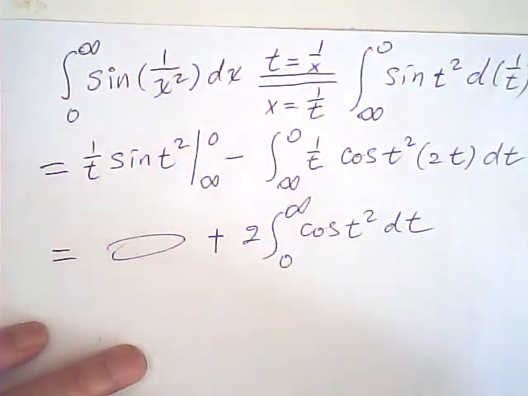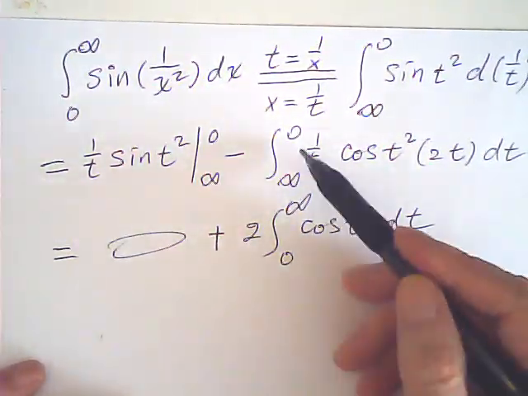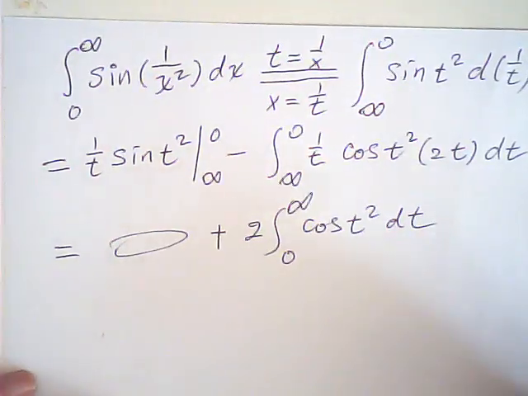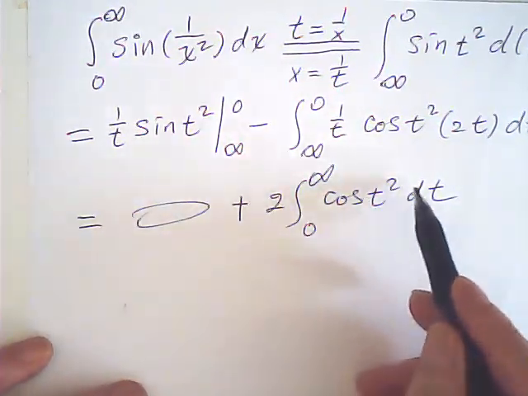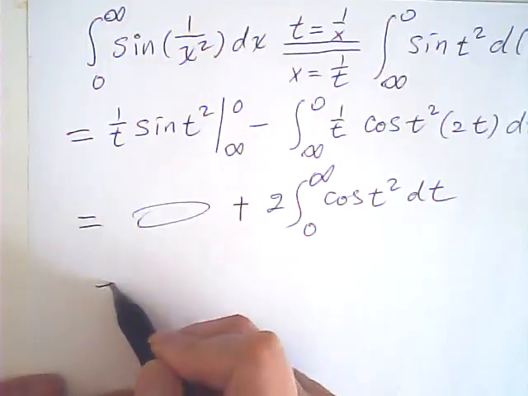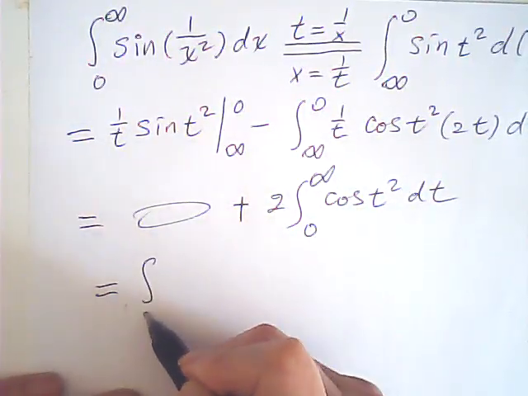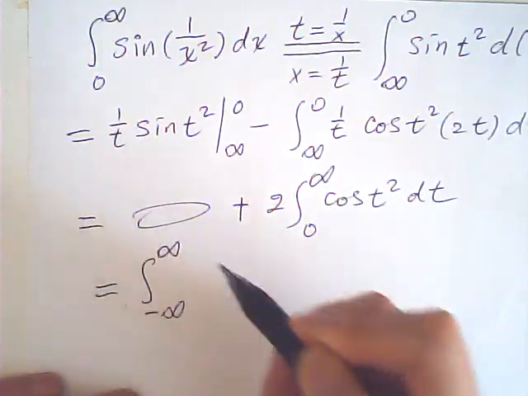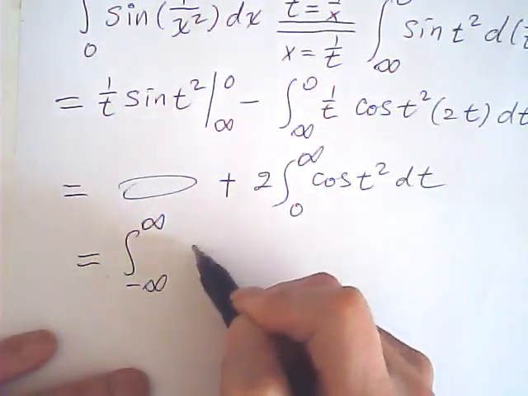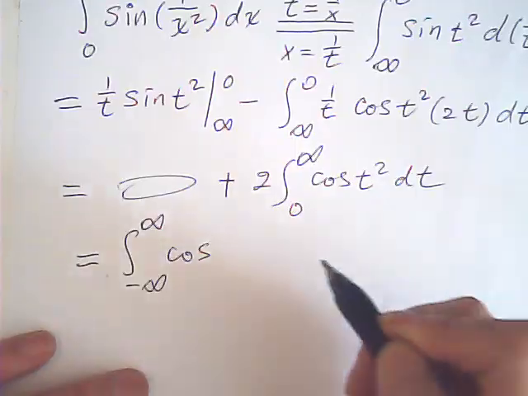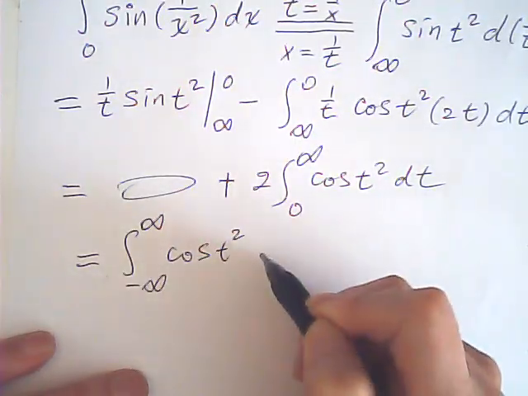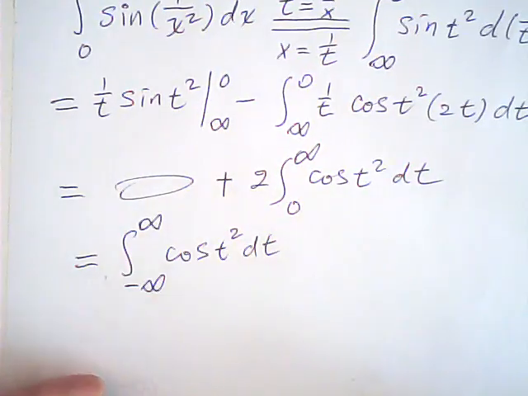This becomes this. Switch this one, change the sign. Now, since this is an even function, this one could be written as from minus infinity to infinity of cosine t squared dt, yeah.